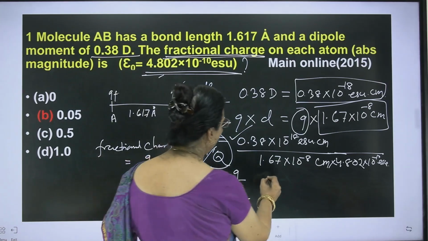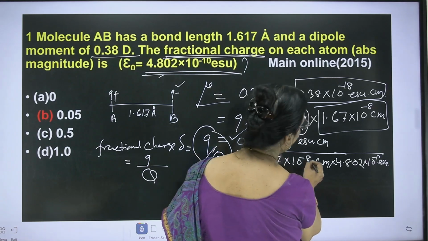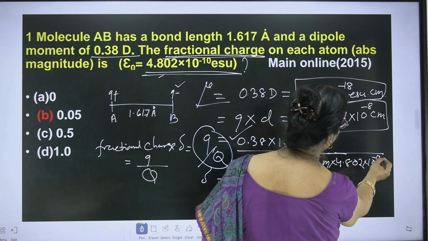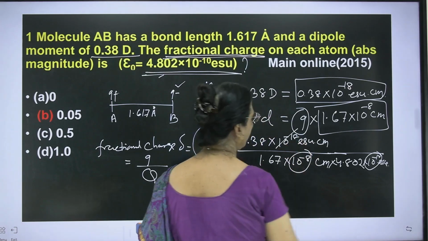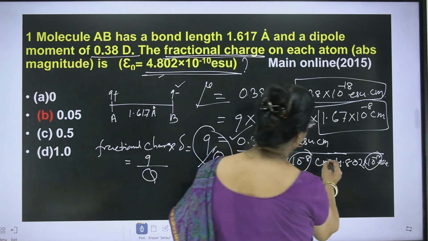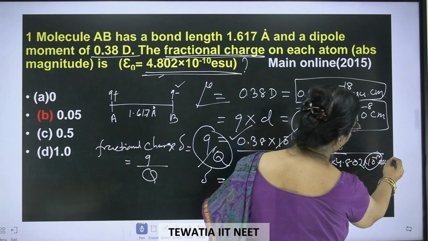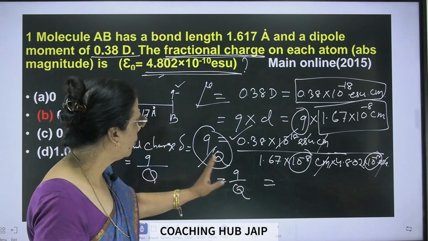If you solve it, you take 10 to the power minus 8 and 10 to the power minus 10 together, and it becomes 10 to the minus 18, which cancels. Centimeter cancels and ESU cancels. A fraction is always a number, it has no units.